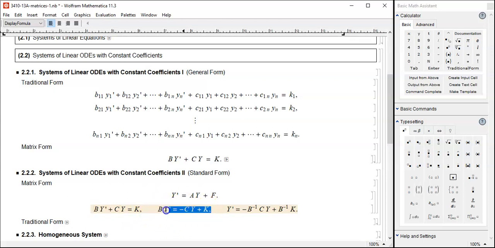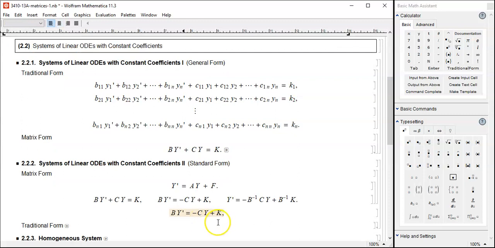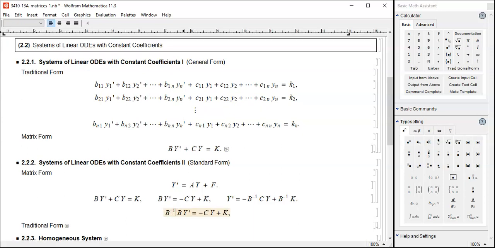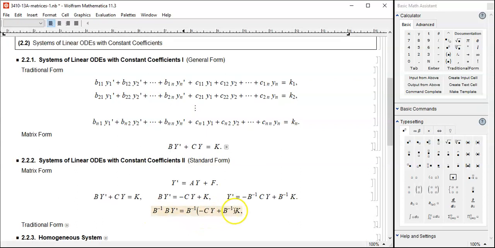Now from here, multiply B inverse to both the left-hand side and the right-hand side of the equality. And then we'll have to distribute the multiplication. Let's write it like this.